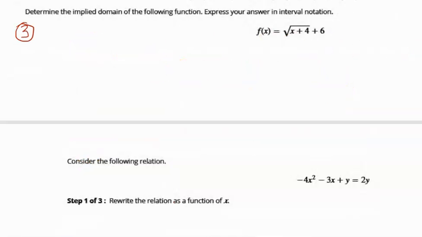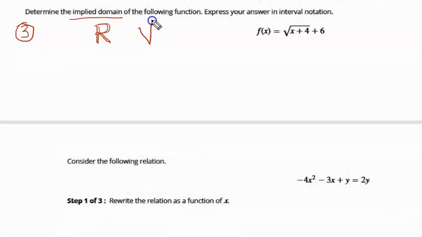Now, for some reason the numbers of the examples are coming out, but this would be example 3. And we're asked to find the implied domain of this function. Normally, for a function, the domain would be all real numbers. But in some cases, there are limitations.